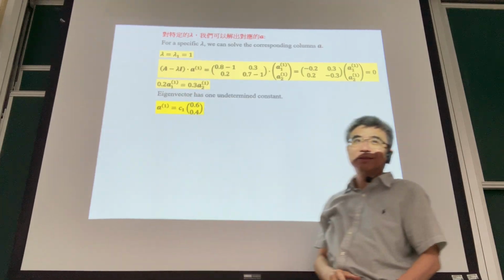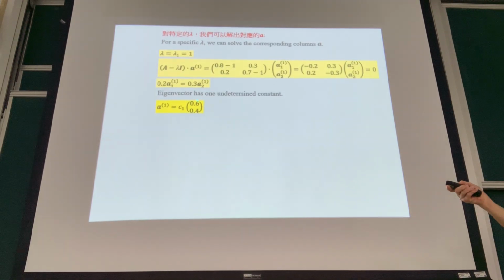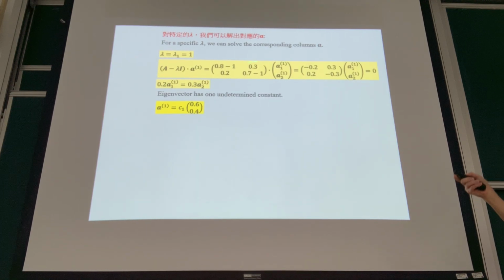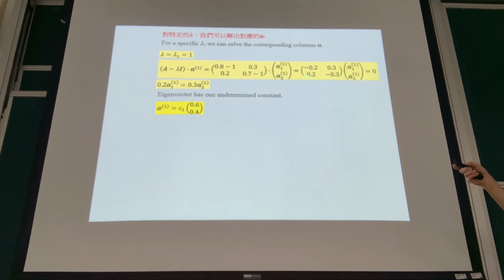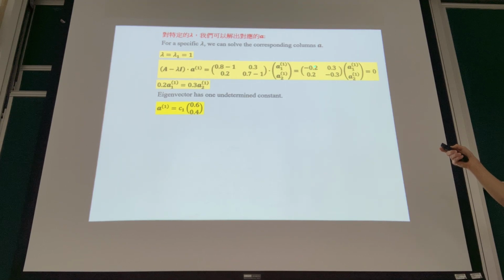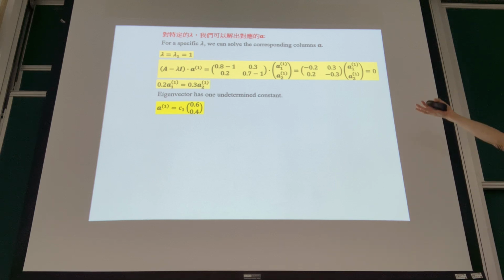You just plug in, and you can see clearly this choice will satisfy this equation. A minor comment: the other equation could also apply. There are two equations. It could be this times this equal to 0, or the other one also equal to 0. But you can see clearly they are the same.